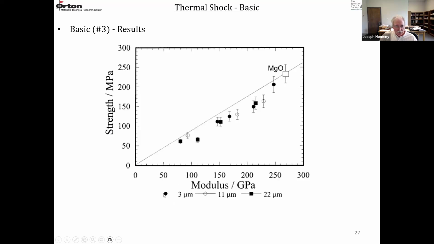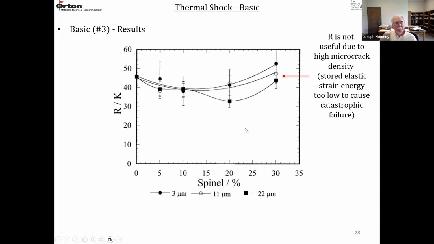The solid circles are shown here. They're up higher in strength and modulus. The open circles are a little bit lower in strength and modulus, and then the solid squares are down towards the bottom here. So strength versus modulus, they're related.